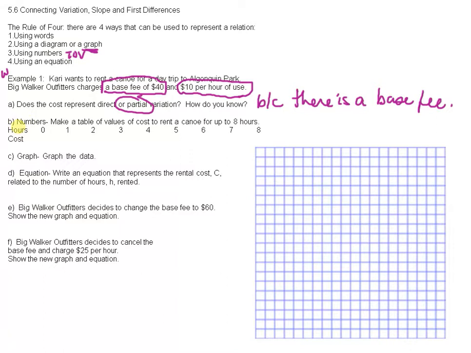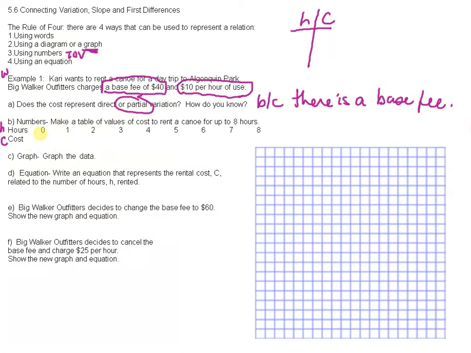Okay, now let's make a table of values. When we have a table and it's horizontal, we use the hours, so the H, as the independent variable and then the cost C as the dependent variable. So it's the same thing as having it HC, exactly the same thing.